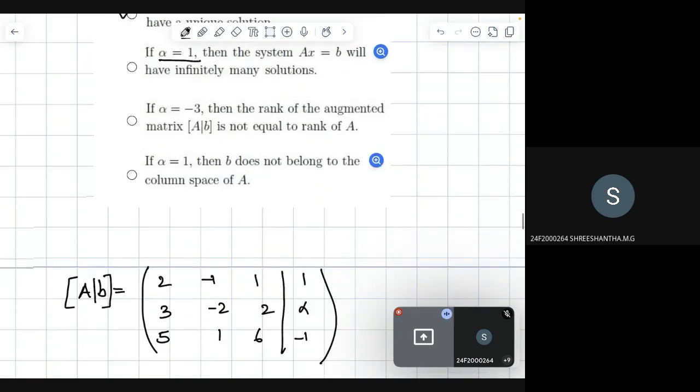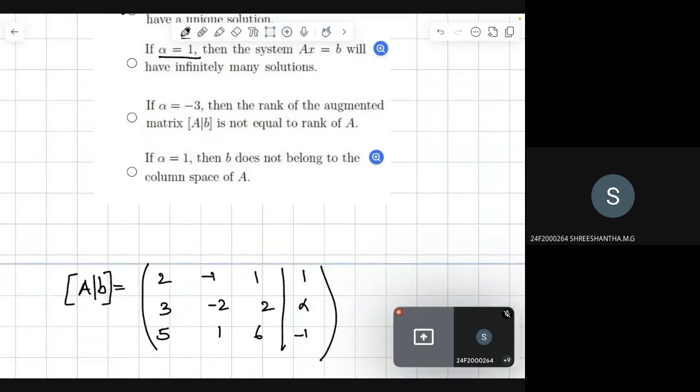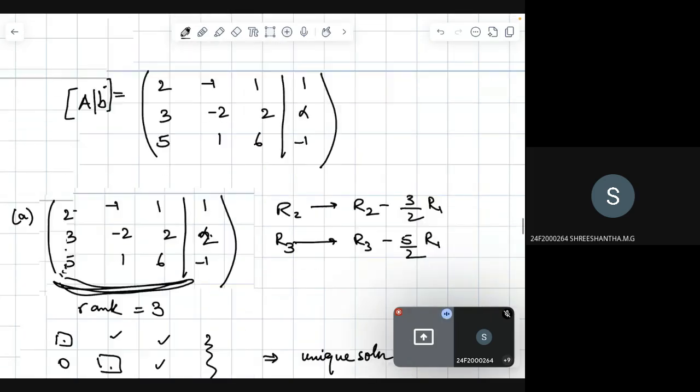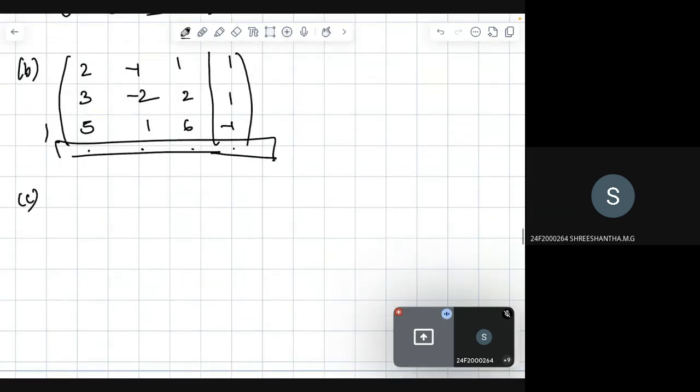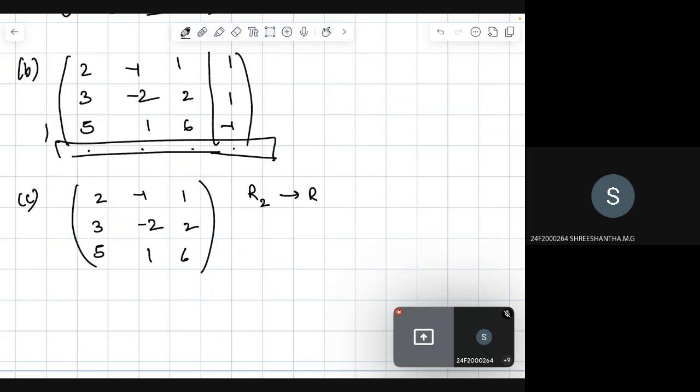So the next one is alpha is equal to minus 3. So we have alpha here, and then the rank of augmented matrix is not equal to rank of A. Okay, we can calculate the rank of this, so this will be clear. If we apply row operation, R2 minus 3 by 2 R1, R3 minus 5 by 2 R1.